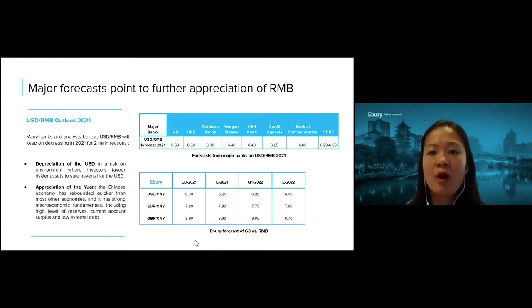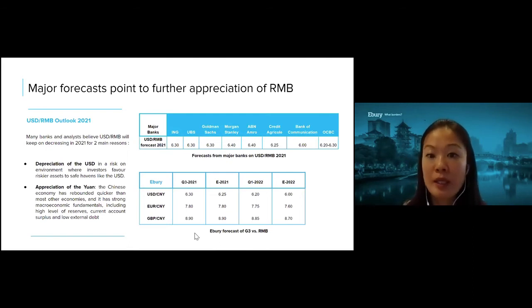Also, as we all know, the Chinese economy has been one of the quickest to rebound from COVID-19, also because of the strict measures that were imposed. And also the economy has been showing good macroeconomic forecasts and good results in terms of GDP. So that's why, all in all, we see that the RMB is going to continue its strengthening trend.